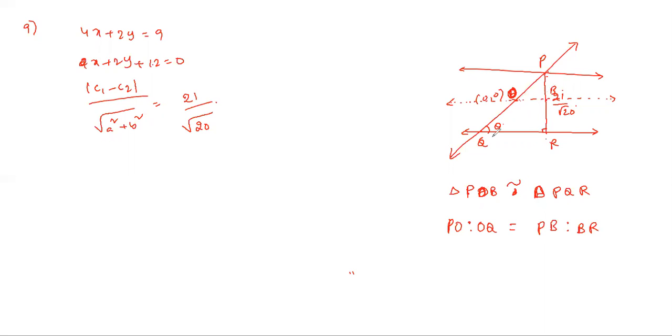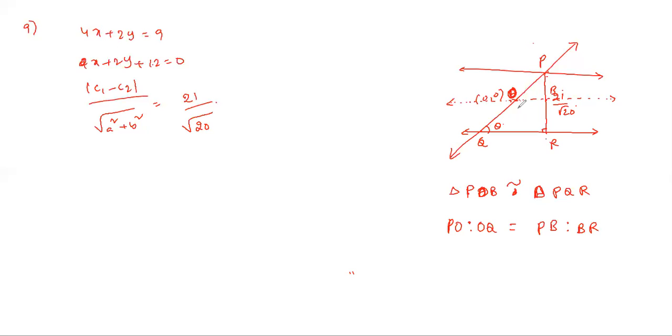These are two parallel lines, and this is the line passing through the origin, and the origin lies inside, because if you substitute in one line you get minus 9, and in the other you get plus 12. One positive and one negative means it is between the lines. If the point is above or below, outside the two lines, both have the same sign. Now we have to find the ratio PO is to OQ.